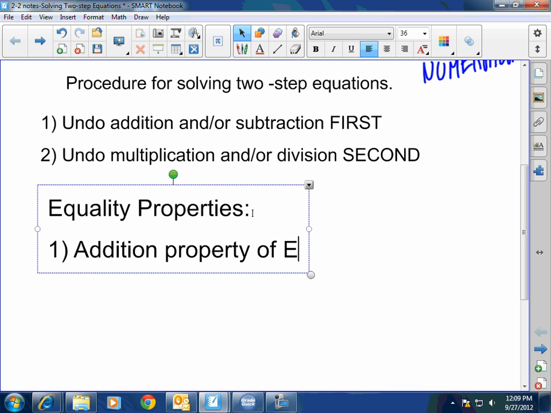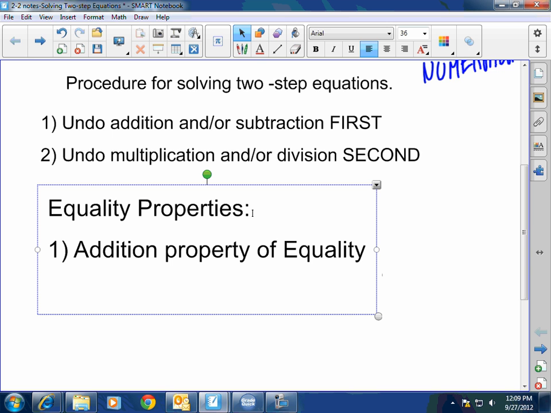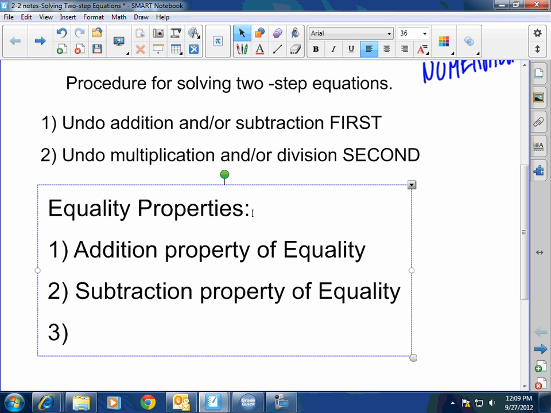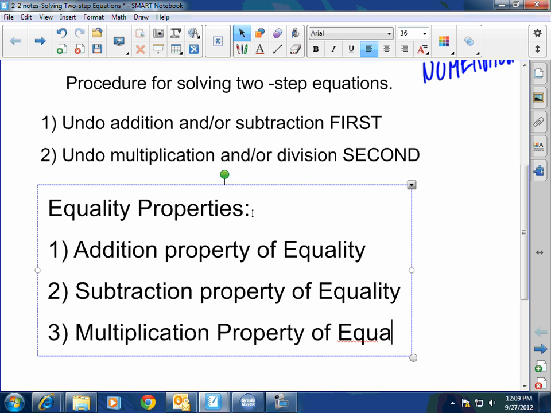So the equality properties coming from the inverse properties, you have the addition property of equality. Okay? That means that whenever I add the same number to both sides, I was allowed to do that because of the addition property of equality. If I subtract the same number to both sides, I just use the subtraction property of equality. Okay? If I multiply the same number to both sides, I just use the multiplication property of equality.